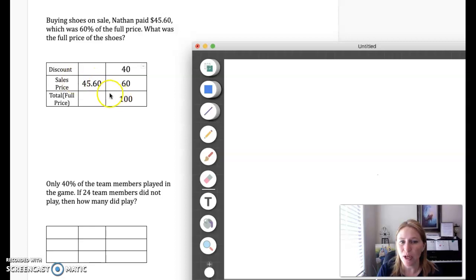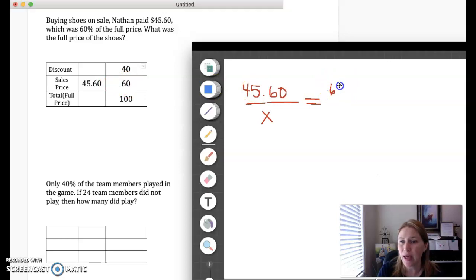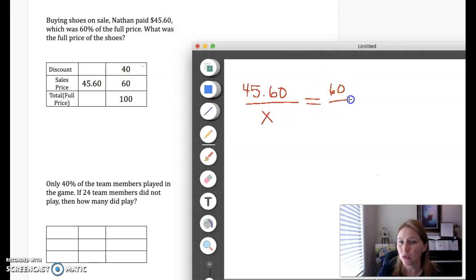I think this would be a good ratio right here. We have 45.60 over the total, which we don't know what that is yet, right? Over the total price, which is what it wanted, the full price. And then we have this right here. So the sales price percentage was 60 and the full price percentage would be 100.